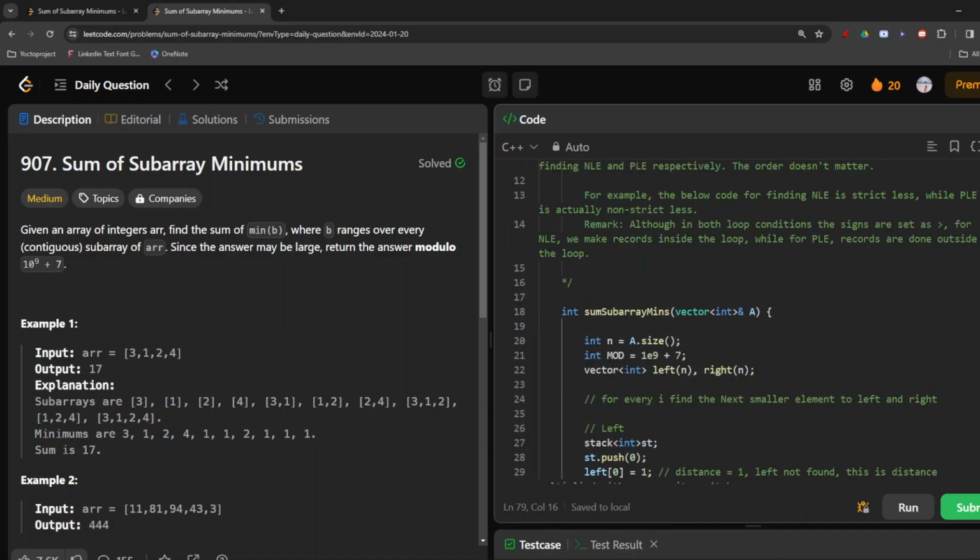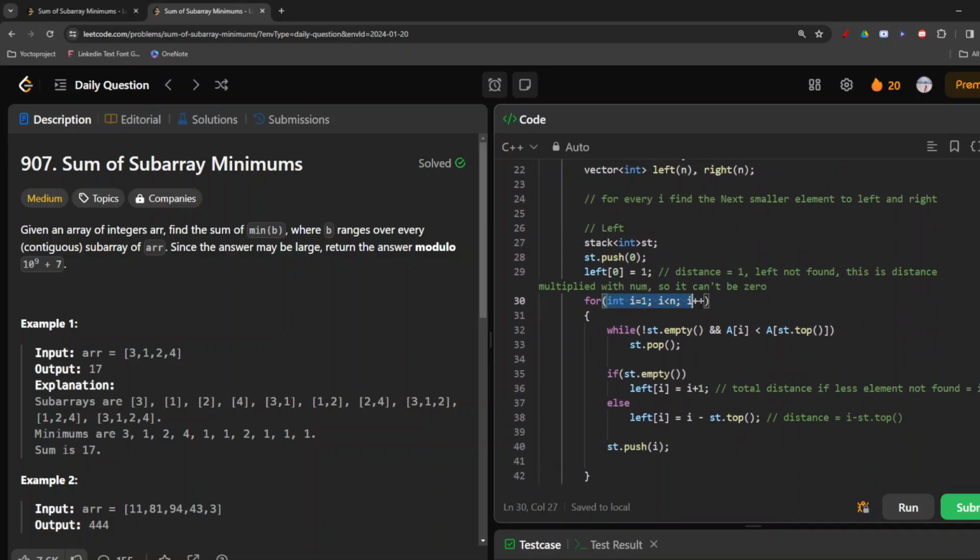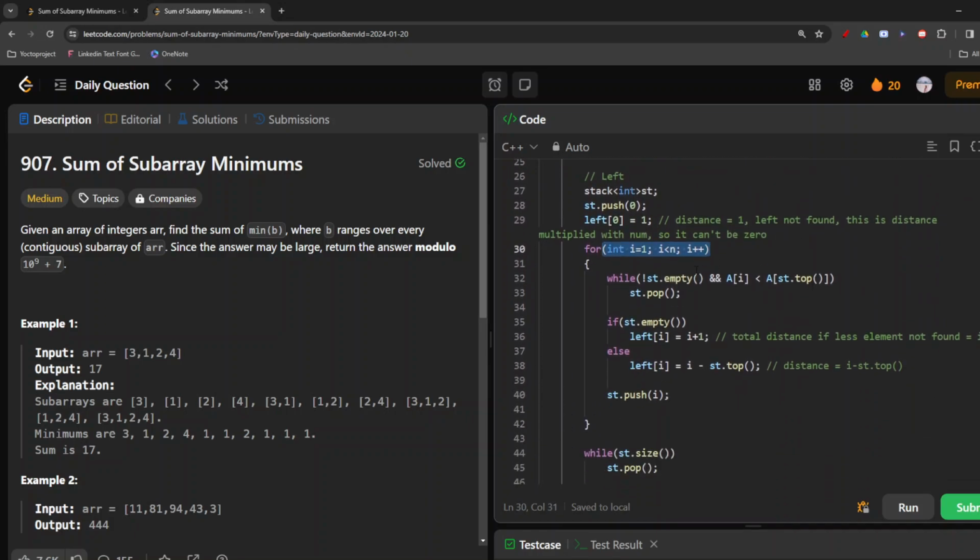Now comes the part for the time complexity and the space complexity. Here we can see that it is n, and we are popping out, so there won't be much possibility that it will go till n, so it won't reach an n squared solution.